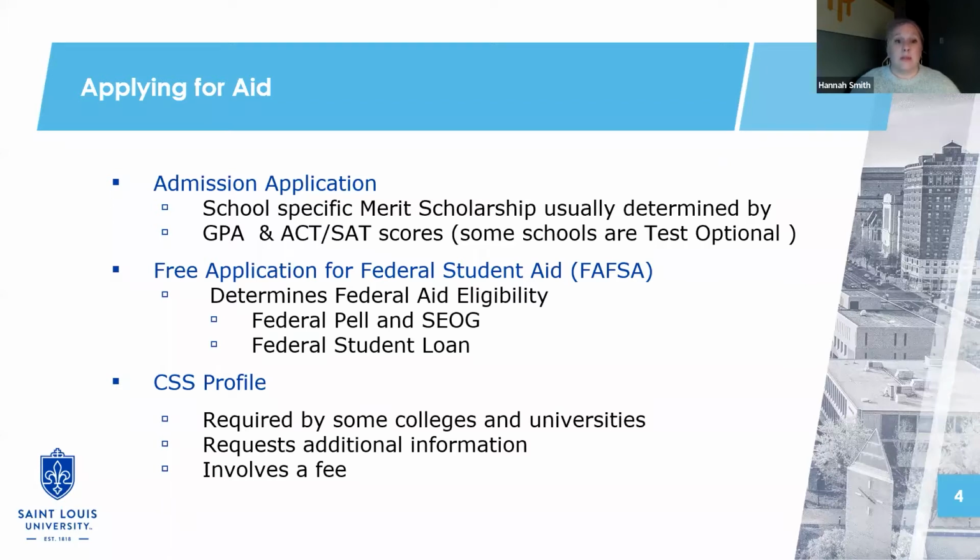So it can be well worth it to submit that additional application. As a general rule, we say don't pay for free money, but the CSS profile is an exception to that rule. It does involve a fee, but it's a legitimate application through the College Board. So if you have a school asking you to fill that out, it is a legitimate ask. They might ask you to fill that out in place of the FAFSA or in addition to that FAFSA form.